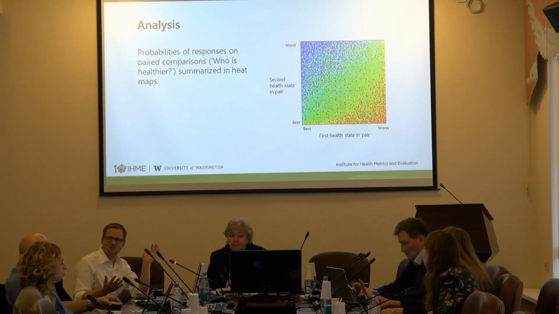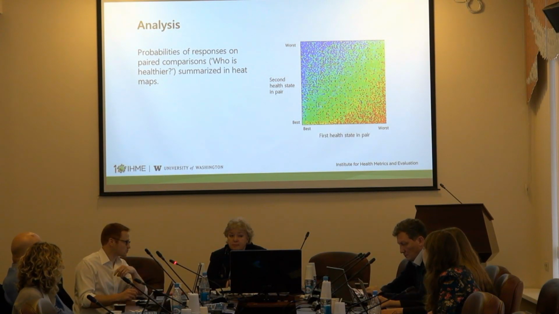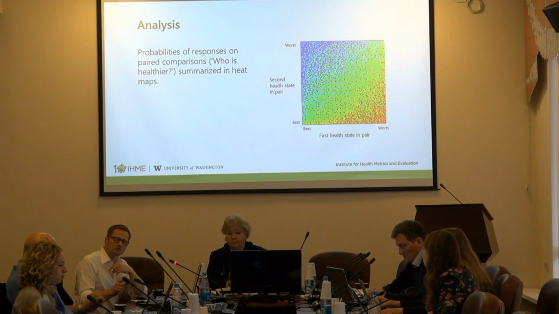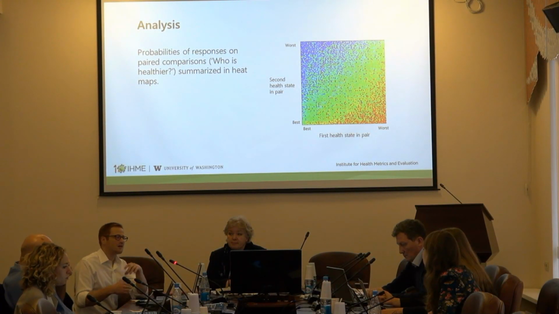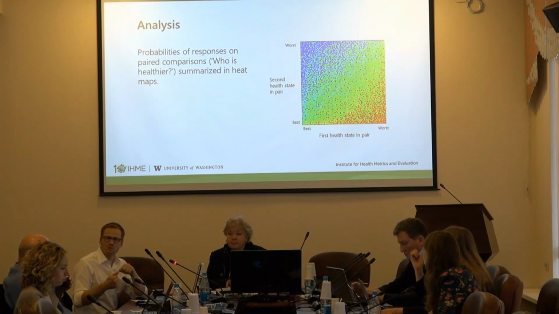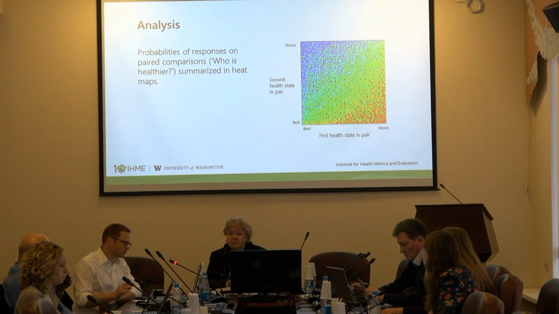People generally actually agree around the world. There's quite a lot of agreement. We've also looked at responses from in-person versus web surveys, and they also tend to agree. So there's not all that much disagreement about what represents more severe health states. People generally view things quite similarly.